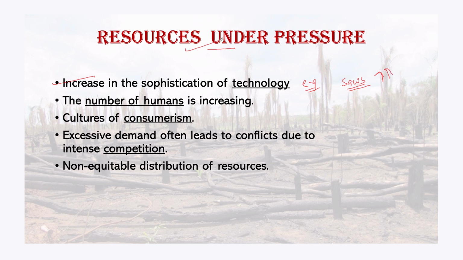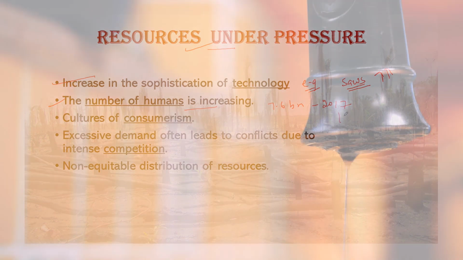So that is why the resources are under pressure. Next, the number of humans is increasing. According to the UN, there were 7.6 billion of us in 2017. This number is expected to rise to 10 billion in 2050 and 11 billion by 2100.